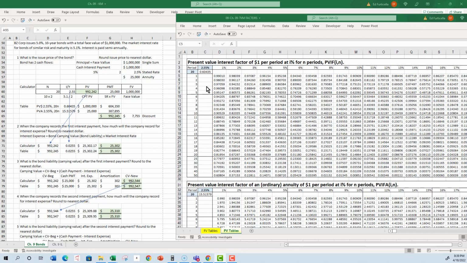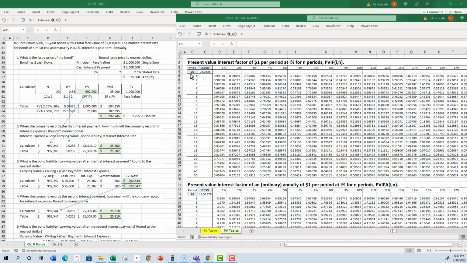Now let's do this same problem using the tables. The tables we use for bond calculations are always present value tables. We're trying to determine the value of cash flows today, so they're present value tables. The lump sum or single sum amount always uses the present value of $1. The rate we want to look up is 2.55% and the term 20N.